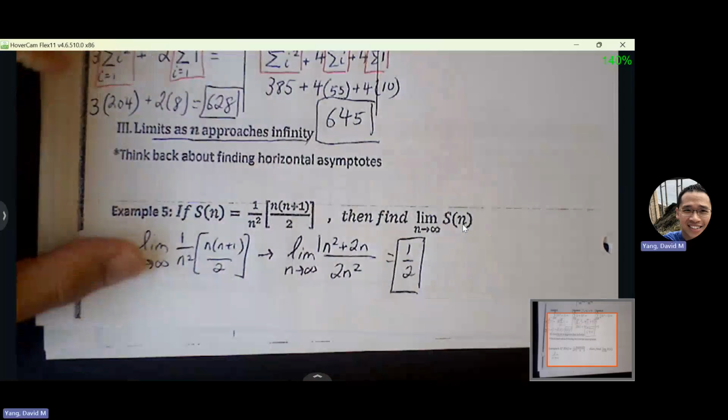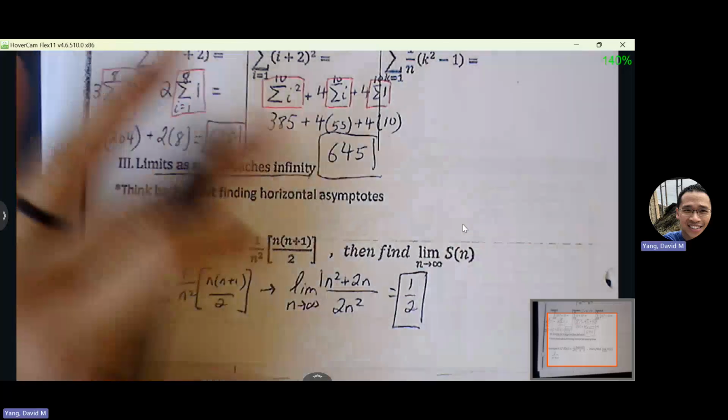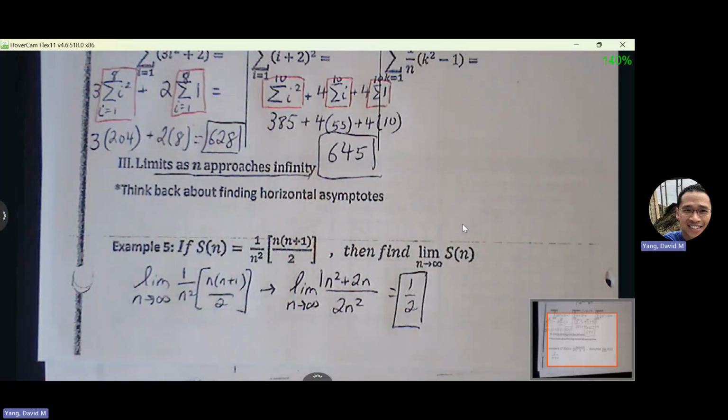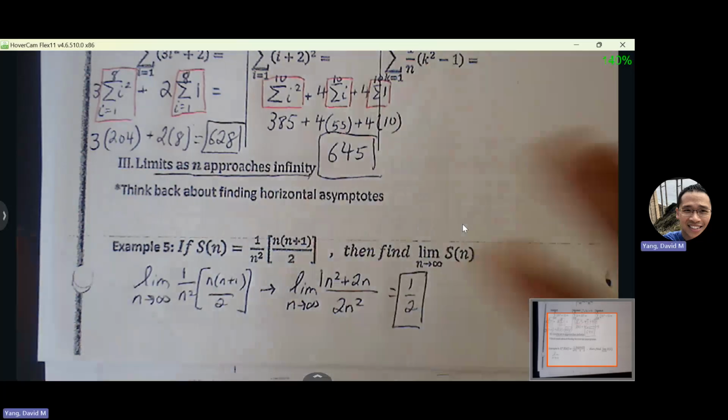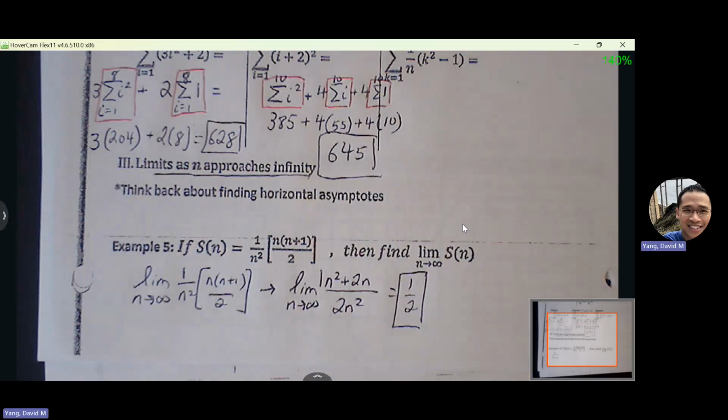Okay, so right now it just feels like all these are kind of disconnected, but we're just doing the background setup so that we can put it all together. So let's go to the next page.